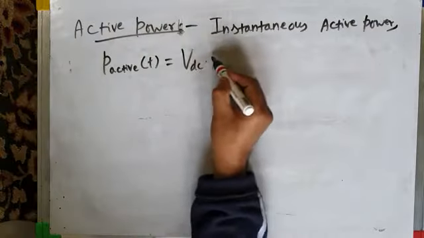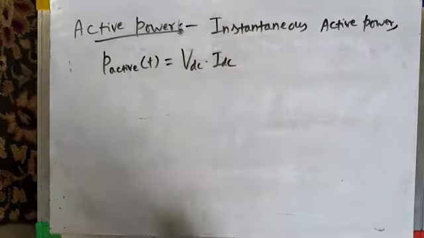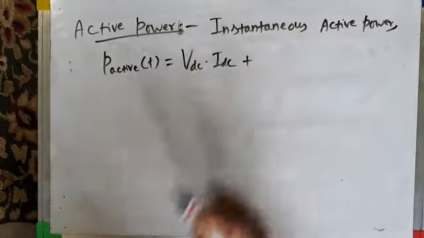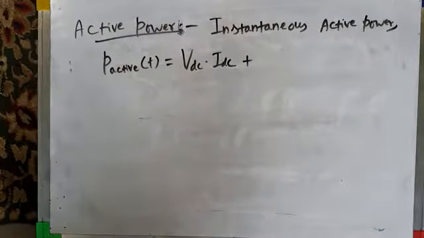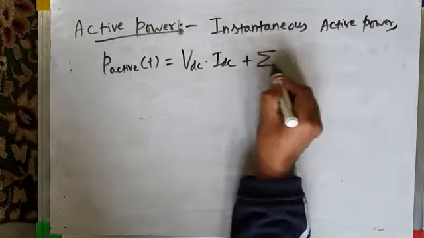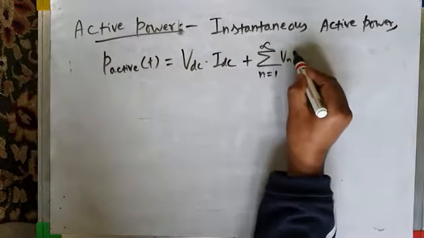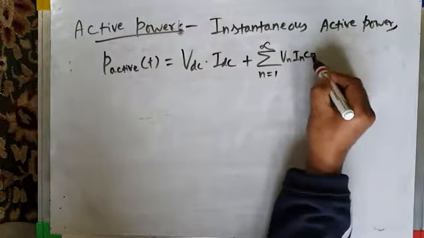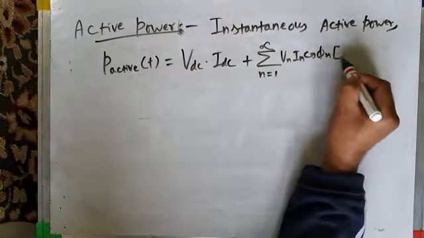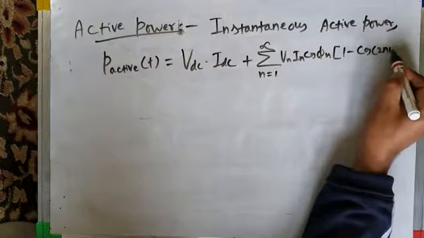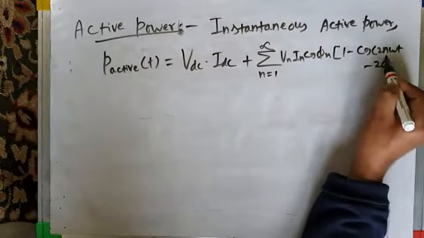If there are DC offsets, VDC into IDC is also considered as a component of active power. Plus, active power is because of interaction of similar frequency terms of voltage and current. So that is summation n equal to 1 to infinity Vn In cos phi n times (1 minus cos(2n omega t minus 2 phi Vn)).